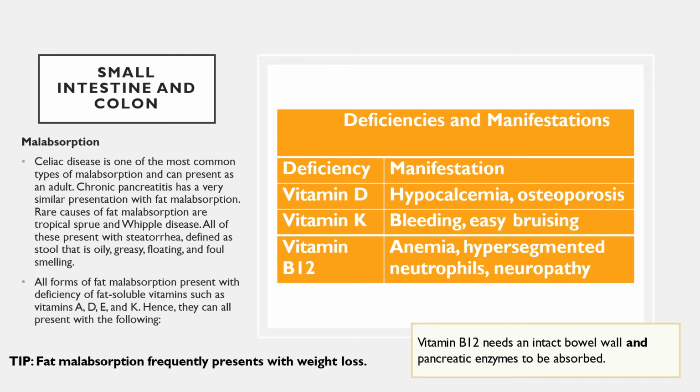Vitamin K deficiency presents with bleeding and easy bruising, and vitamin B12 deficiency presents with anemia, hypersegmented neutrophils, and neuropathy. On the right lower corner of this slide, there is a clinical tip which states that vitamin B12 needs an intact bowel wall and pancreatic enzymes to be absorbed.